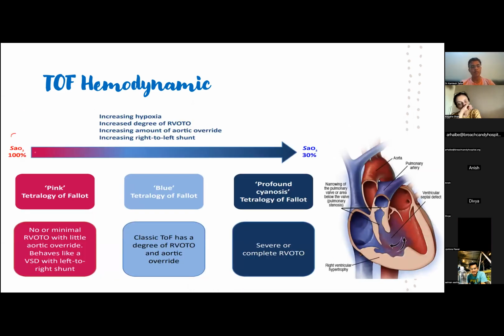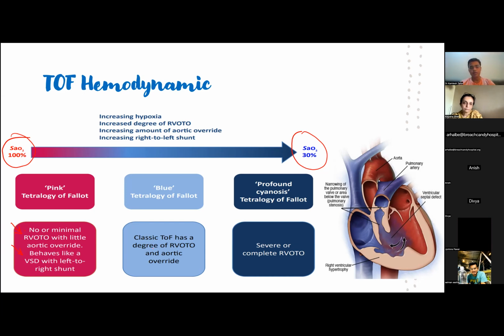Either it presents as a pink TOF, where there is 100% saturation, or the other extremity will be severely cyanotic, and as I mentioned, that depends on the severity of RVOT obstruction. If a pink tetralogy presents, there will not be much RVOTO, and it will behave like a VSD with a left-to-right shunt.